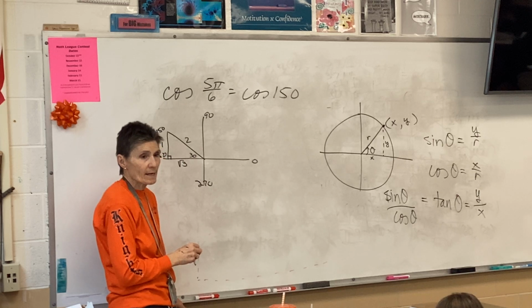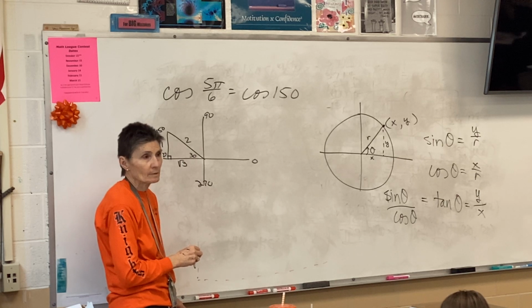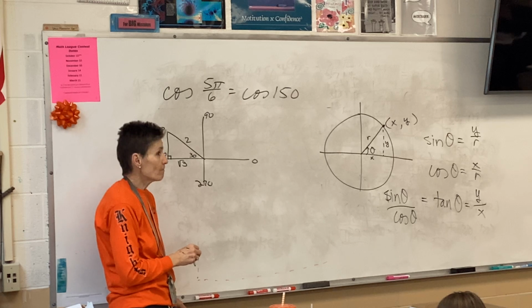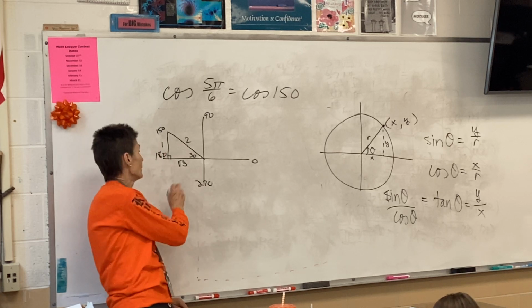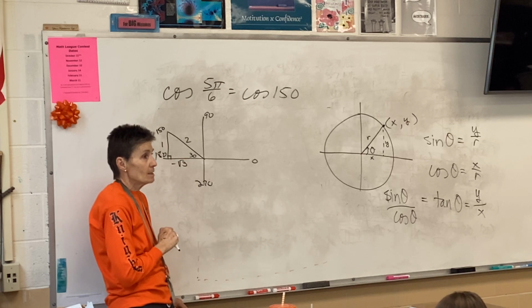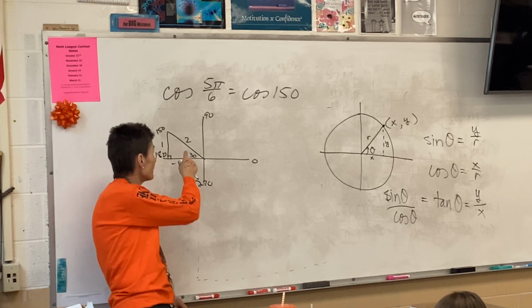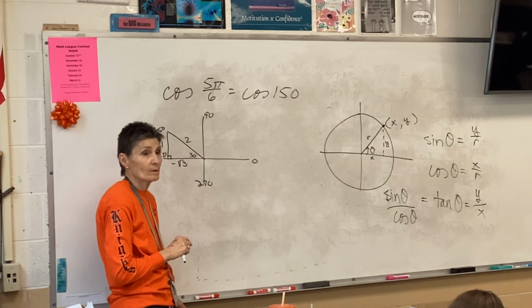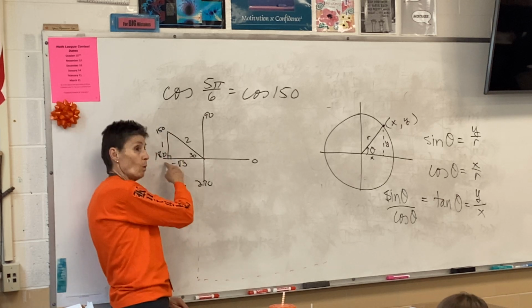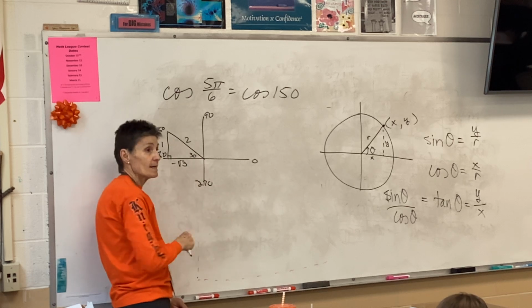Is this triangle in quadrant 1? No. Therefore, something has to be negative. The 2, the hypotenuse, will never be negative, but depending on what quadrant you're in, the root 3 and the 1 can be negative. In this case, that's negative, right?